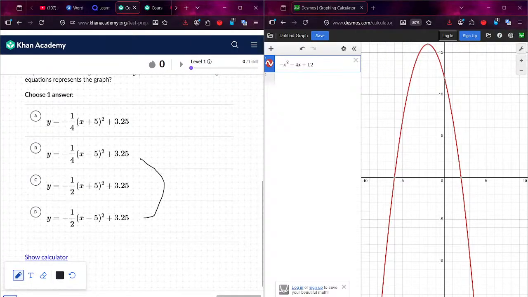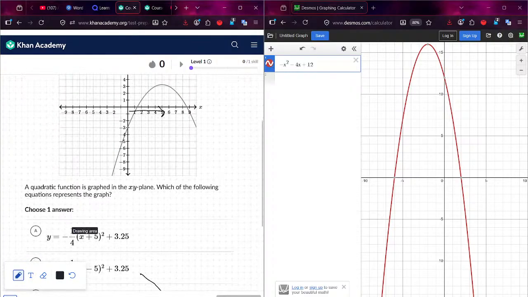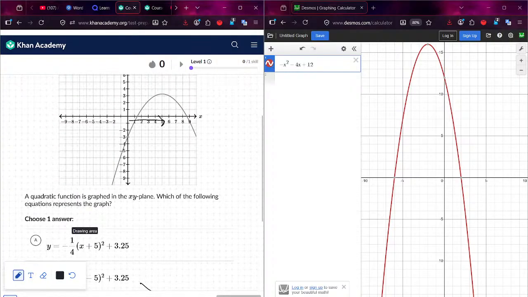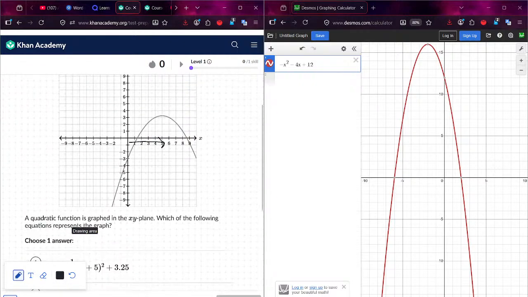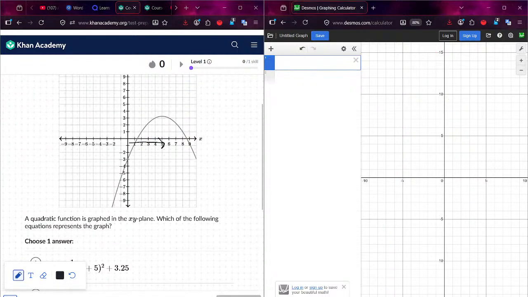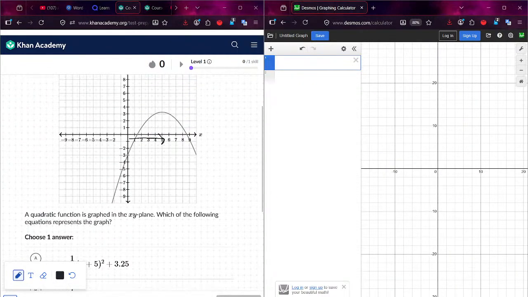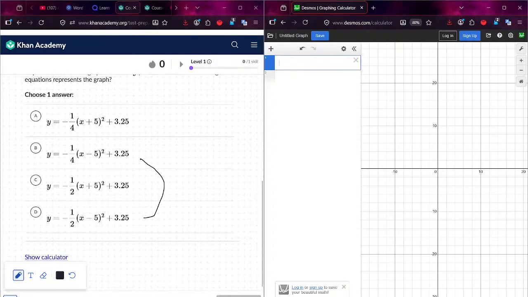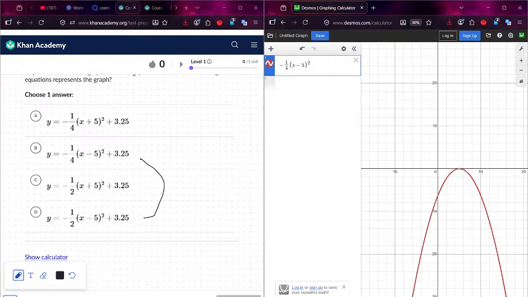And is it going to be negative 1/4 or negative 1/2? For that, we could just plug it in to decimals and figure it out. So negative 1/4 times x minus 5 squared plus 3.25.